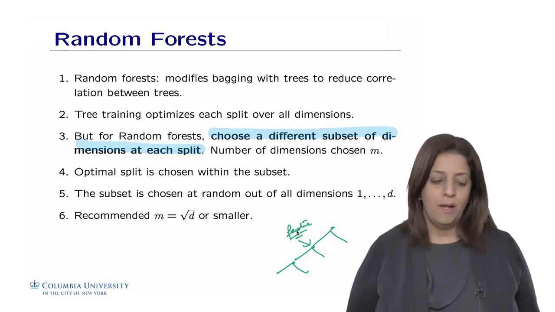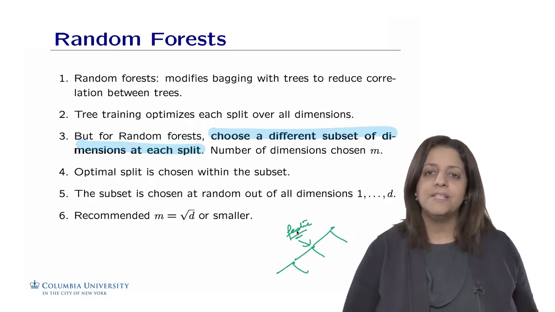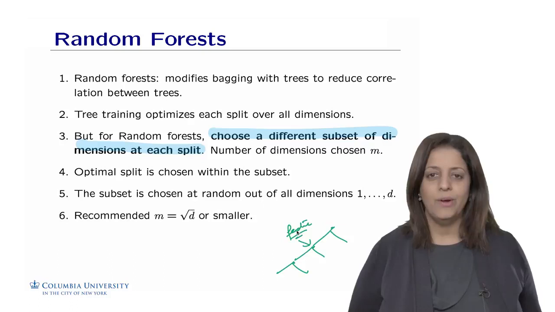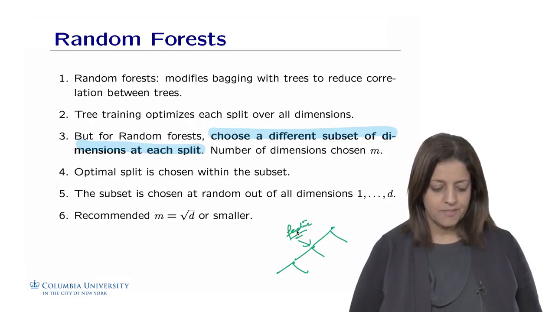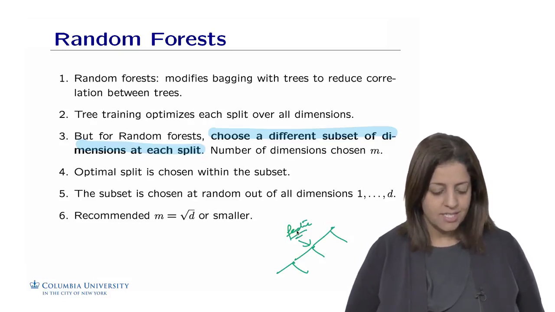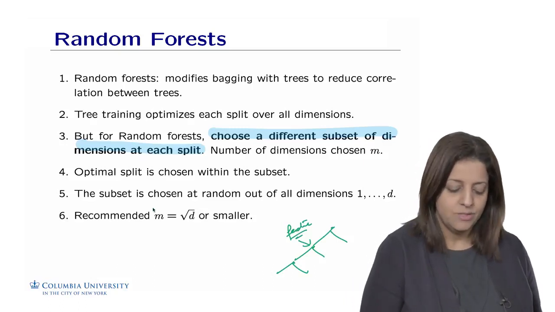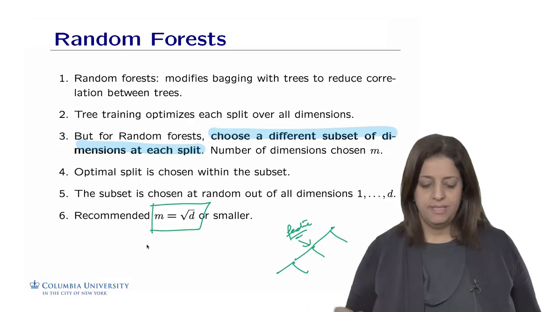In random forest, we just pick a feature from a subset of the features, reducing the dimensions from D to m and picking the best feature among this subset. The subset is chosen at random out of the 1 to D dimensions, and it is recommended in practice to use m equal to the square root of D at each split in the tree.